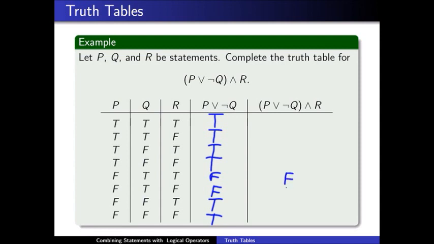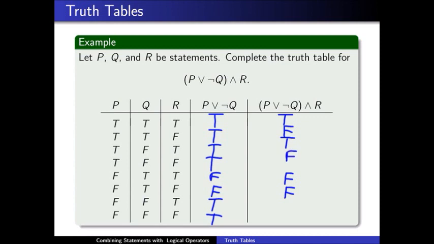So let me go ahead and complete that part of the table by looking at P or not Q. Now, P or not Q is true in all the remaining places, and the truth value will just depend on R. In this first row, R is true, therefore the conjunction is true. In the next one it's false, so the conjunction is false. In the next row, R is true, so the conjunction must be true. And then, in the next one, R is false, so the conjunction must be false.